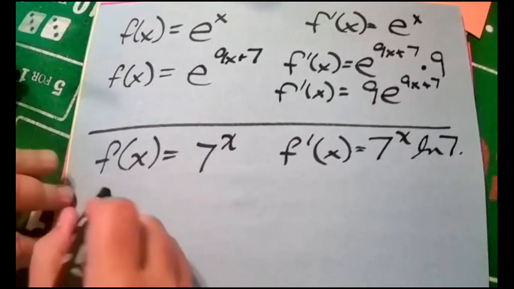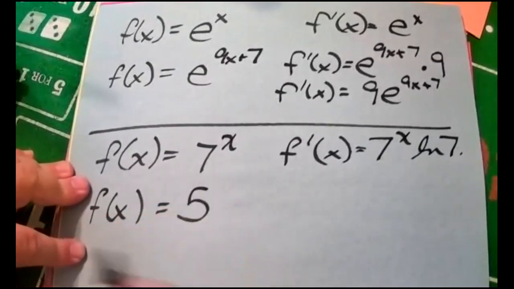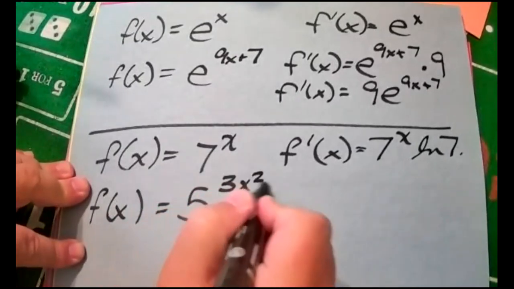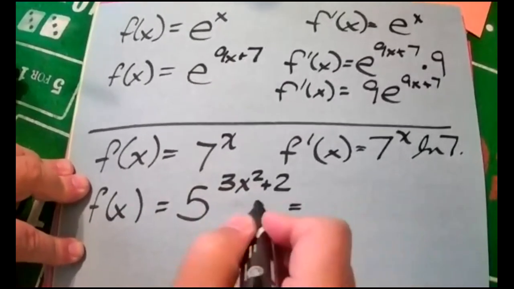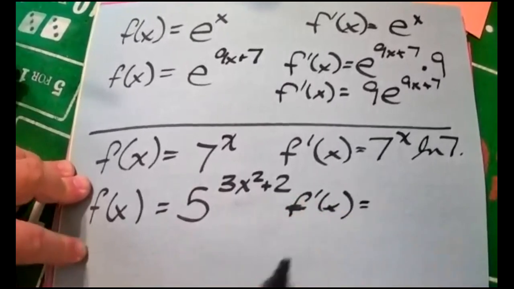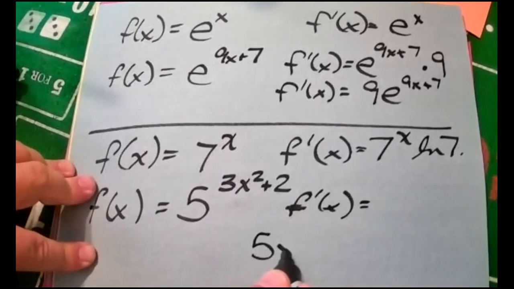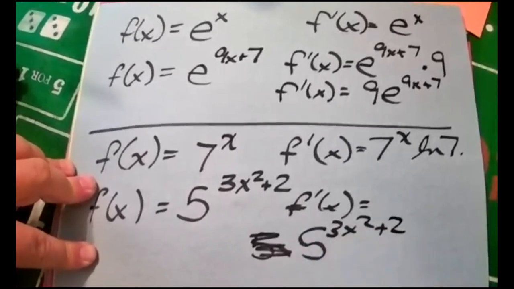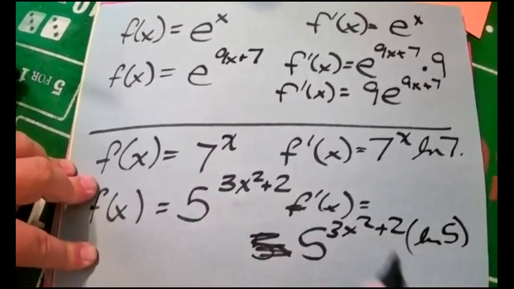That being said, if we had another case, and I'll choose another base just to show differences, say it's 5 to the 3x squared plus 2. Well, in that case, f prime of x is going to be just what you see, 5 to the 3x squared plus 2, then times the natural log of 5, then times the derivative of what you see there.